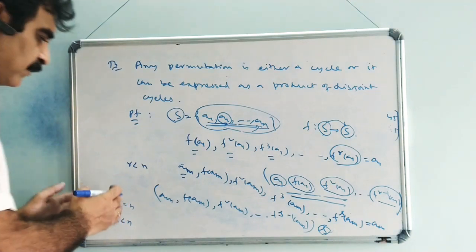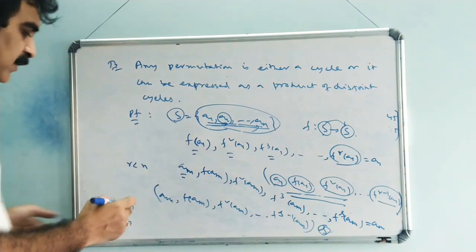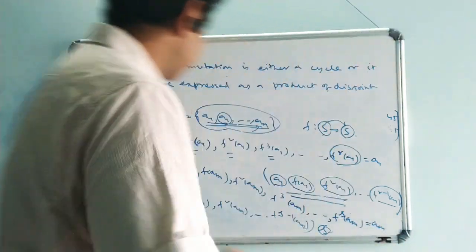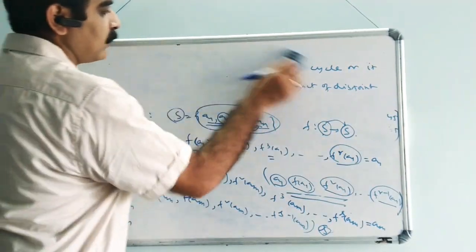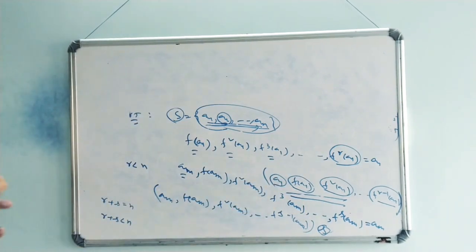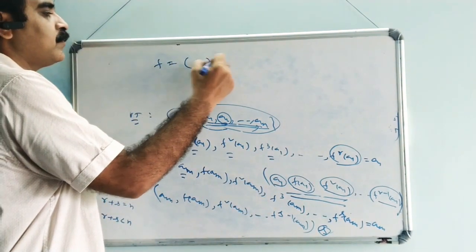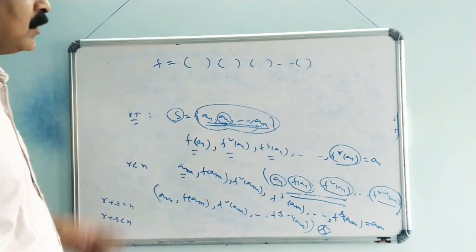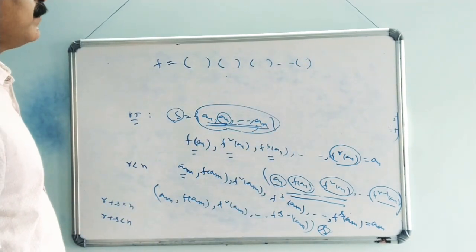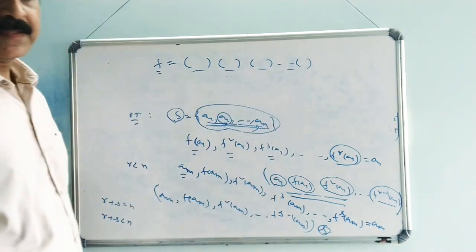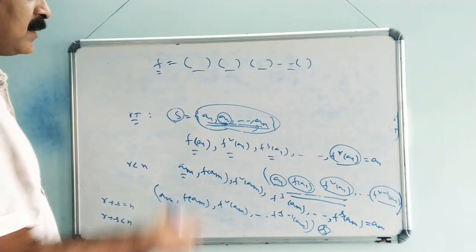In this way, since S is a finite set, after some finite steps all the elements of S will come in some cycles. So we must get F equal to the product of some disjoint cycles. So if F is any permutation, then it can be expressed as the product of disjoint cycles.